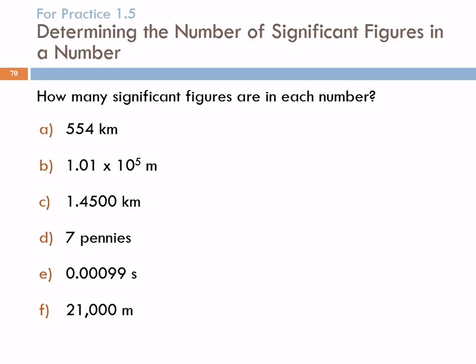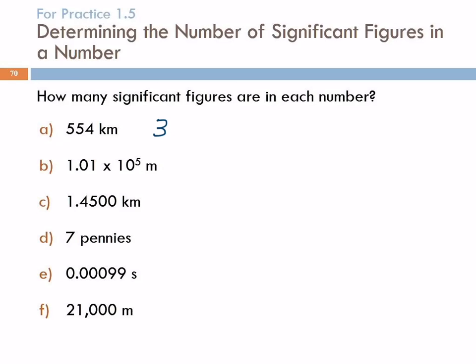So let's practice counting sig figs. 554 kilometers. How many significant figures? I heard 3. Sometimes we're tempted to say it's infinite because it's a whole number. But it's a measurement. It's not counting. You can't count kilometers.